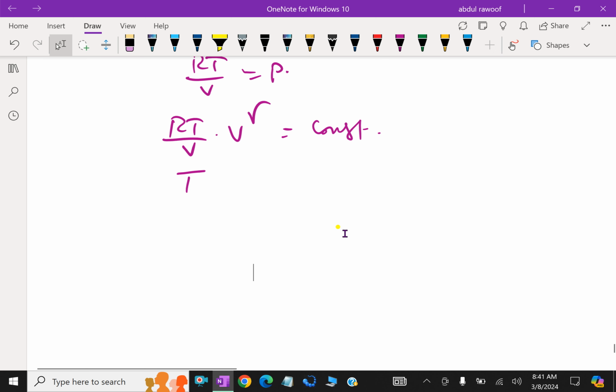Therefore, you can say T V power gamma minus 1 equal to constant.